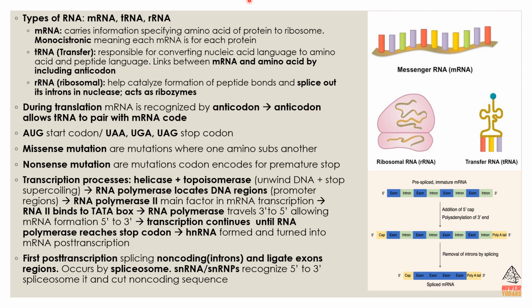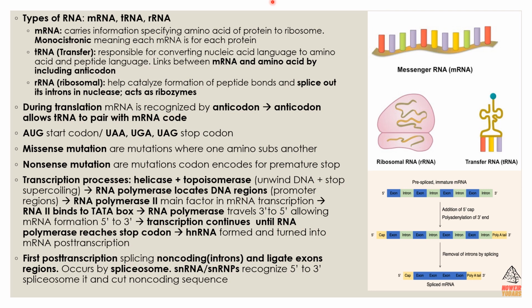Then the exons are ligated together. Exons are the coding regions of the gene that contain the information for the amino acids. Really, introns are not important, so they just cut them out to make more space, and the exons are the ones that remain. This occurs through a spliceosome.